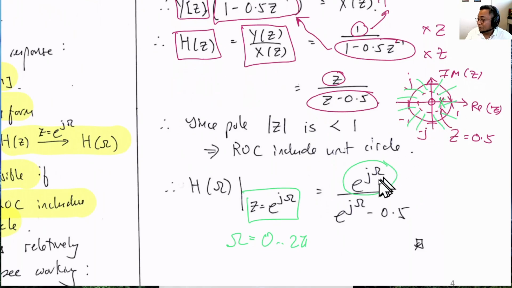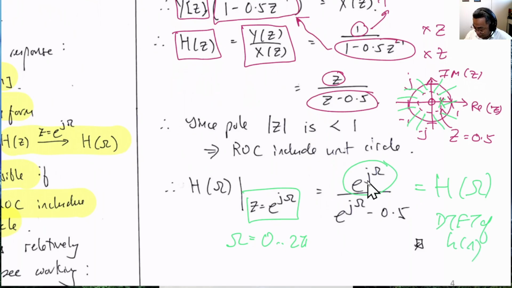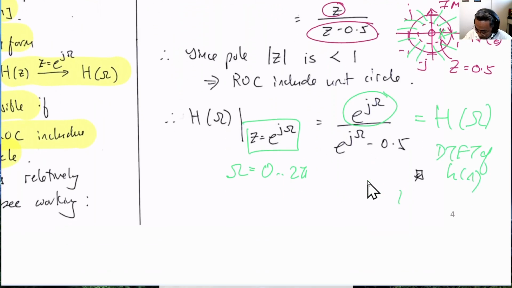And we can of course compute, so we just substitute z equals to 1 e^{j omega}, and we get H of omega. And this is the DTFT of h[n], or actually we can call this the frequency response of the system H(z).